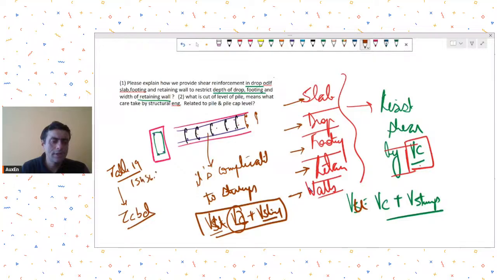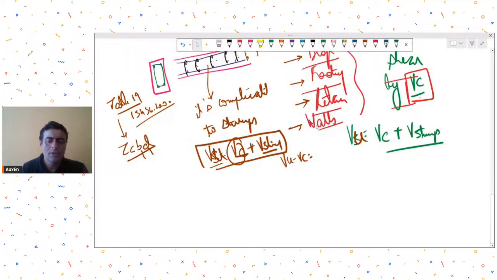B and D will depend on what element you are using. Accordingly, you can calculate B and D. And once that is known, you calculate VU minus VC to get the shear to be taken by stirrups, and then you can find out the stirrup reinforcement.